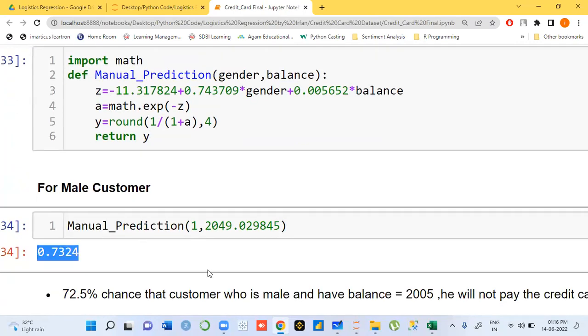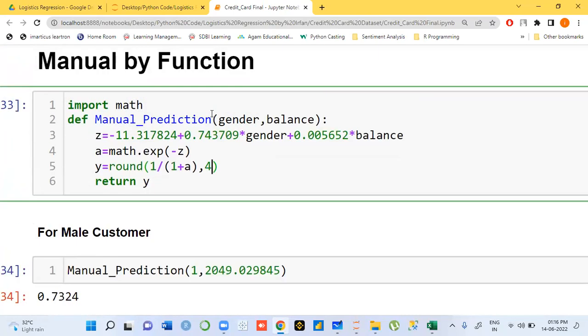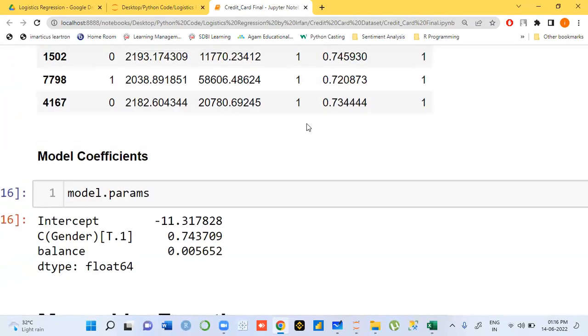Same answer. We just put gender as 1 and balance as 2049. We multiply and make z. We take the exponential and we take 1 upon 1 plus exponential. Clear how it predicts? The answer matches, guys.